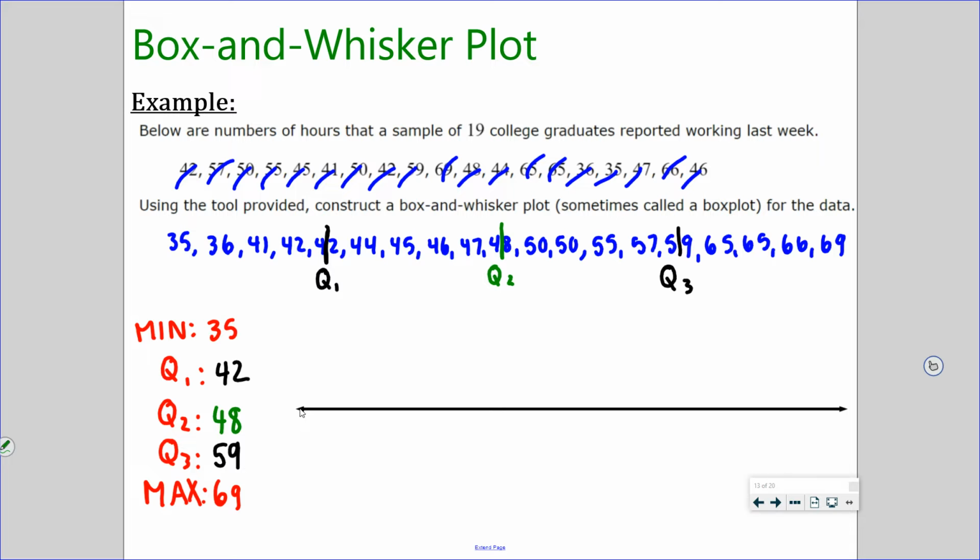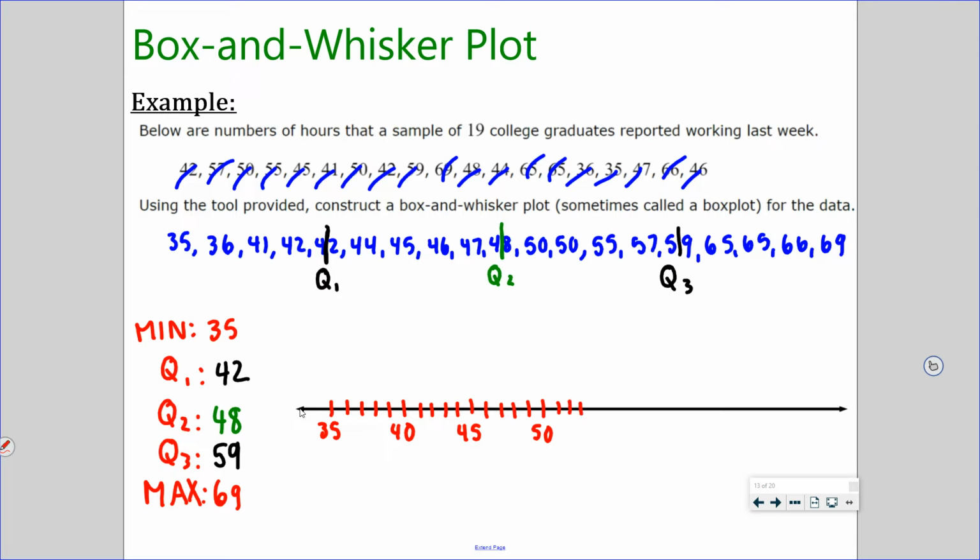And then you're going to plot the numbers you found. You'll have to decide what numbers to count by, but I'm going to start with 35. You could start with 34 if you want to, but we don't need to go any lower than 35, and maybe just mark every 5. So 36, 37, 38, 39, 40. 1, 2, 3, 4, 5 would be 45.